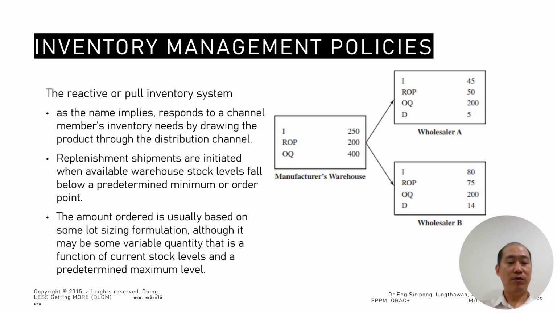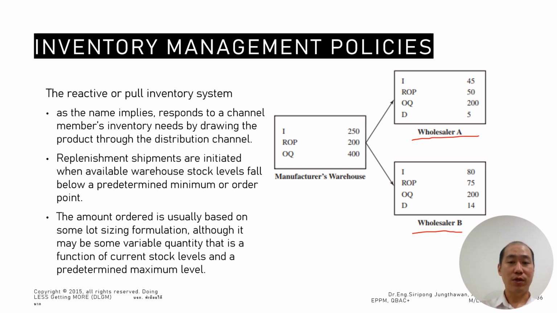So if you have wholesale A and wholesale B, you have to decide to fill it because you have a reorder point, an order quantity, and the inventory in your warehouse.